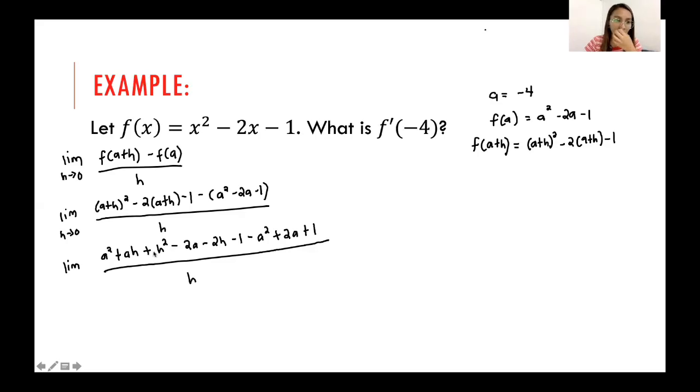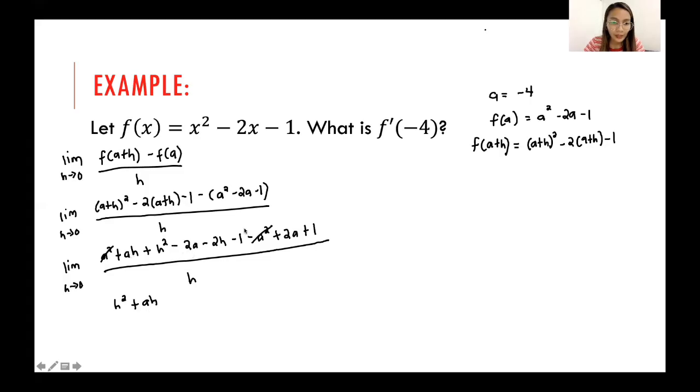Okay? So, combining like terms as h approaches 0. So we can cancel this. A squared minus a squared, cancel. 2ah, wala naman siyang kaparehas. H squared, wala din. So we can copy here h squared plus 2ah.